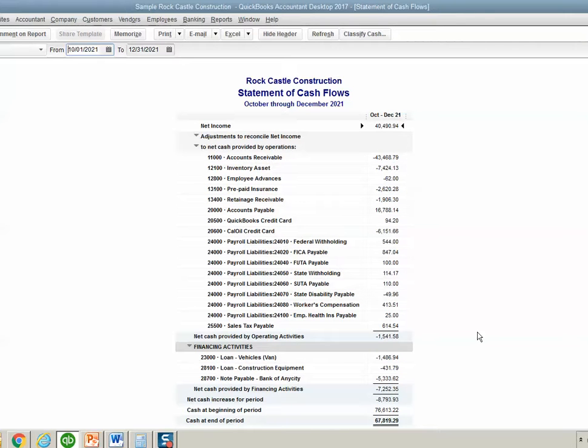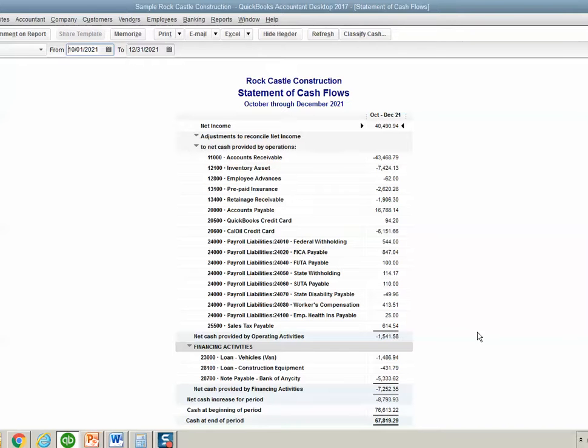We learned that during the last quarter of the calendar year, Rockcastle Construction experienced another cash flow reduction in the amount of $8,794.